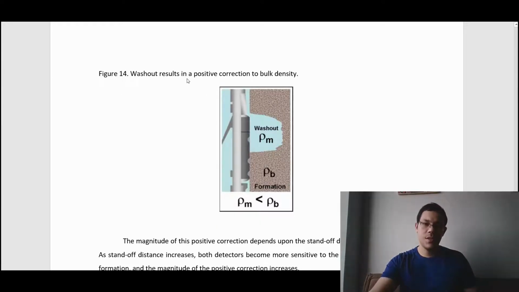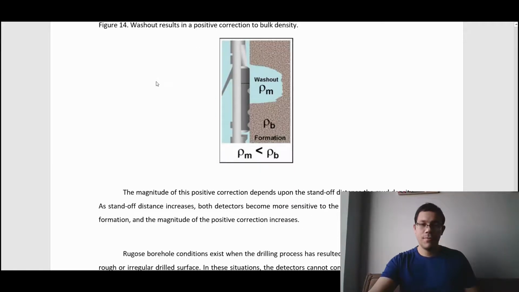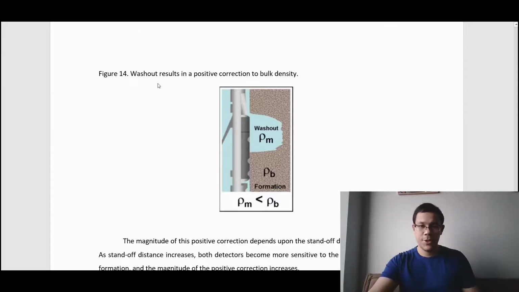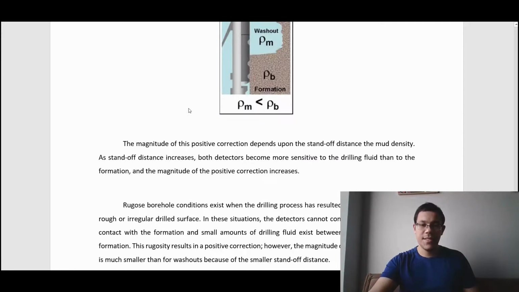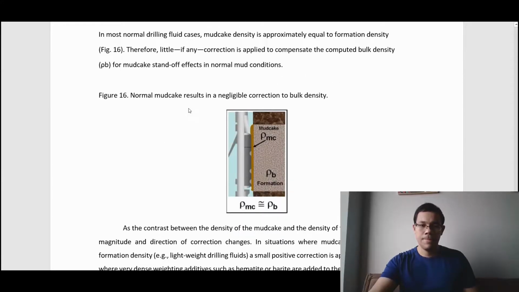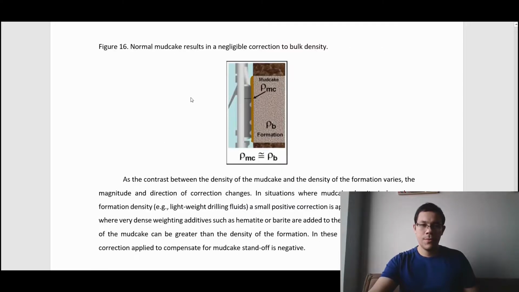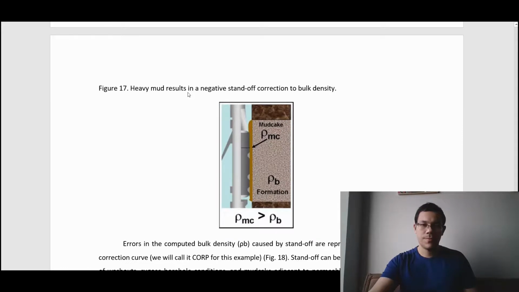So washouts result in a positive correction. If you don't have a good measurement from the caliper, probably your measurements or estimates of density will not be very good. So if the mud cake is normal, there will be no big correction.